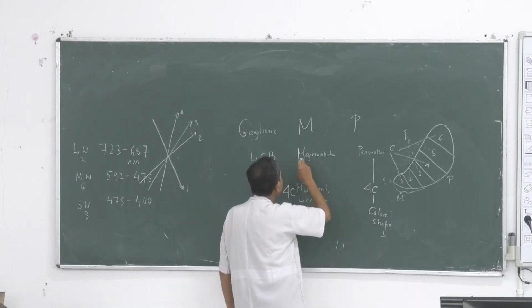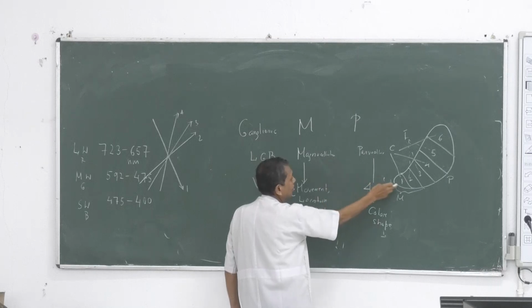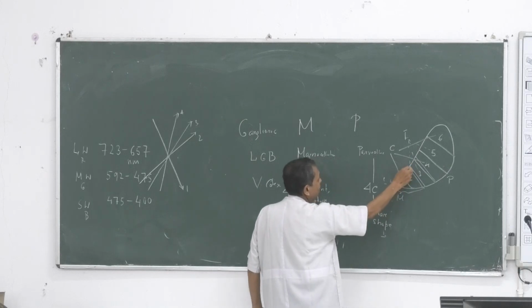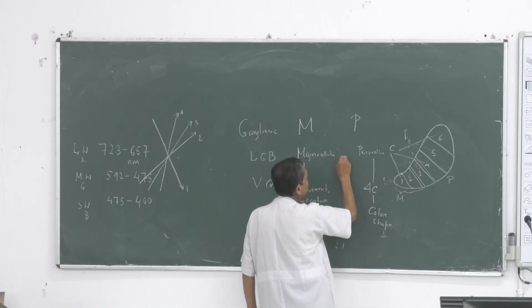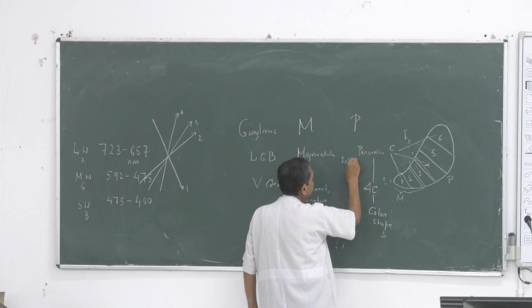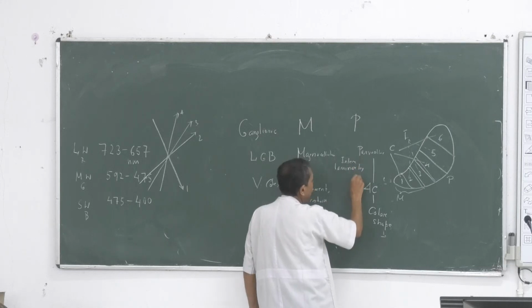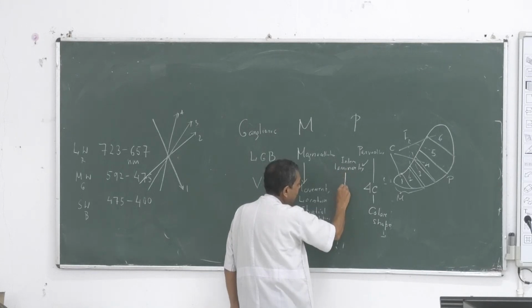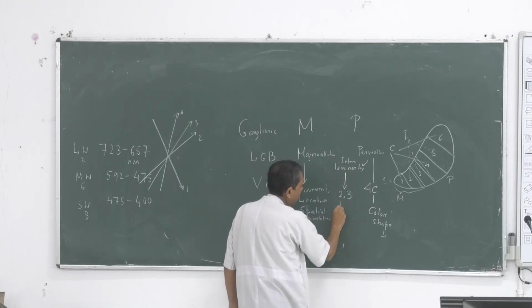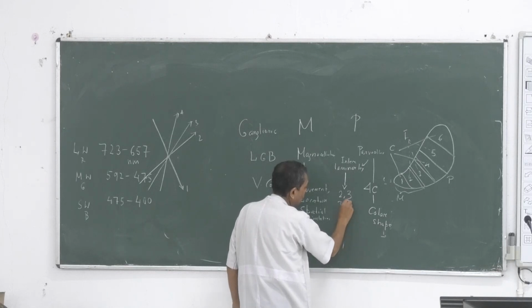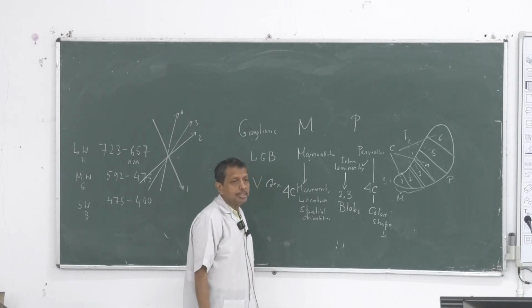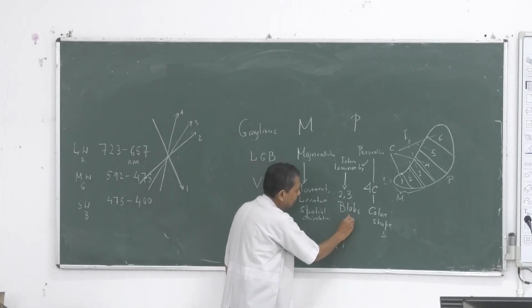And there is this interlaminar layer between them, and there is information from 3, and they form blobs, blobs, layer 2, 3, and they also respond to color.